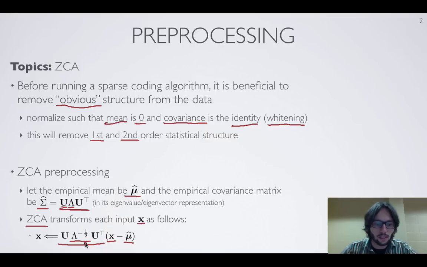In other words, the diagonal terms are going to be 1 over the square root of the diagonal terms of this lambda matrix, so the eigenvalues of our empirical covariance matrix. Okay, so now let's see how this transformation actually removes the mean and also makes sure that the empirical covariance matrix is now the identity matrix.